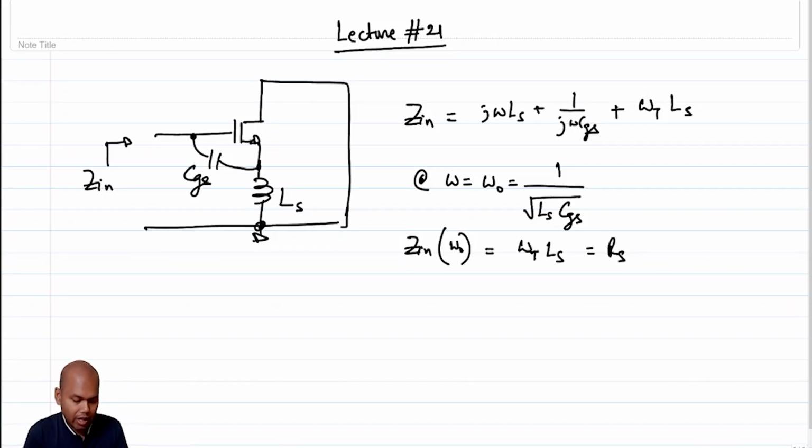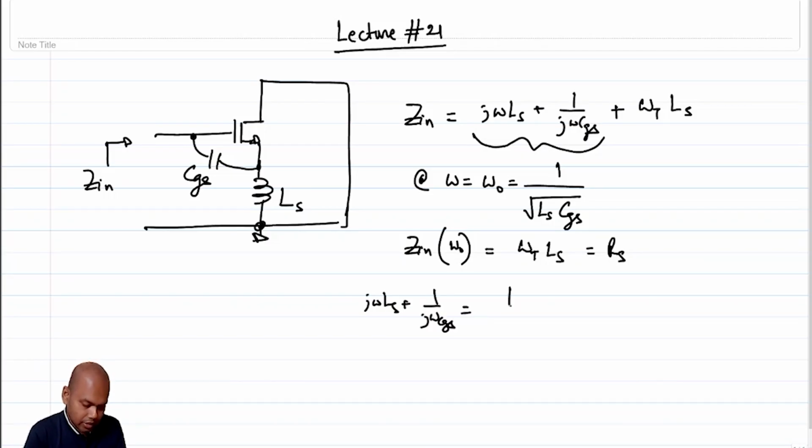Now note that you should turn around at this point of time and say that, okay, what about at frequencies which are deviating from omega naught? Sure. So when you are deviating from omega equal to omega naught, this relationship strictly doesn't hold. But note that whatever we have is j omega Ls plus 1 by j omega CGS. This is essentially 1 minus omega square Ls CGS by j omega CGS.